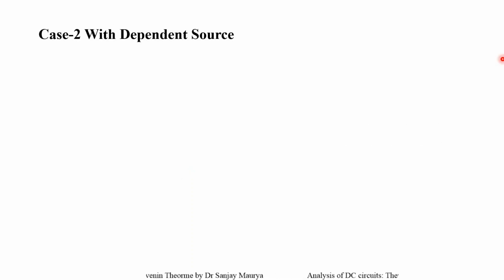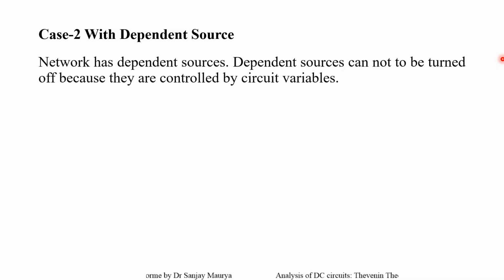Now let us consider the case where the dependent and independent sources are both present in the electrical circuit. To find out the Thevenin resistance, in such case the dependent sources cannot be turned off because they are controlled by their circuit variable.